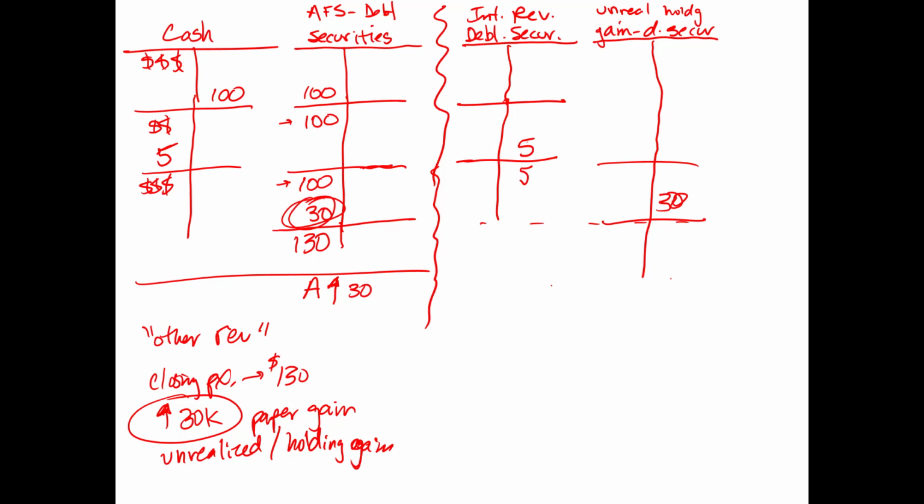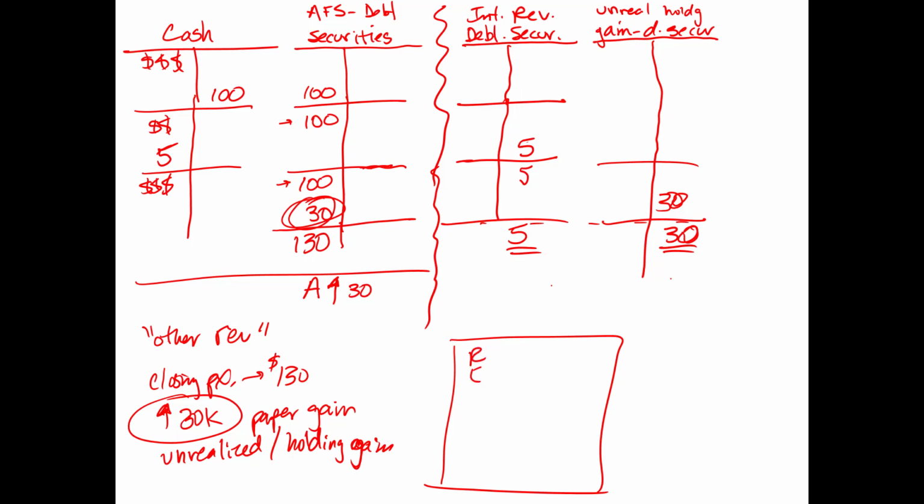Now the question comes down to this. Should we show this holding gain of $30,000 in the same place we show interest revenue on the income statement? Because the income statement is going to be scrutinized. You have revenues, you have expenses, you get other income, other revenues. There's the 5, right? And you've got ultimately net income.